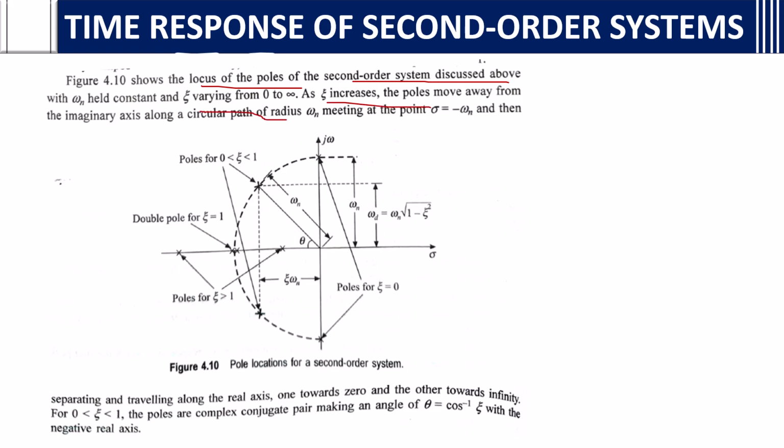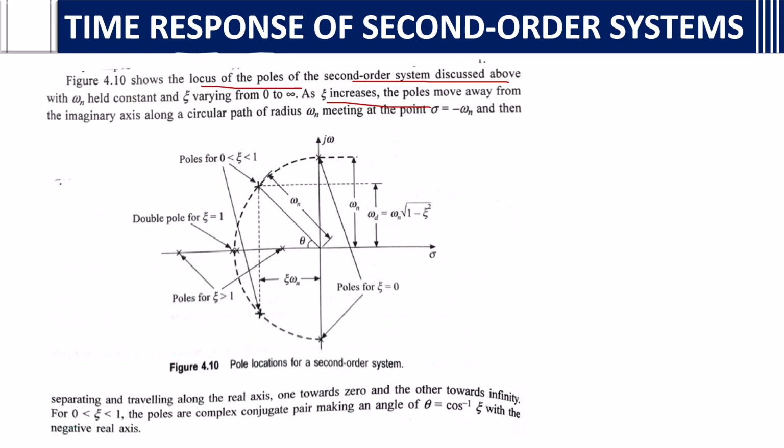As zeta increases, the poles move away from the imaginary axis along a circular path of radius omega n, meeting at the point sigma equals minus omega n, and then separating and traveling along the real axis, one towards 0 and the other towards infinity.